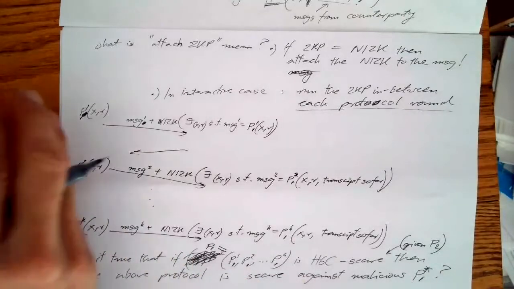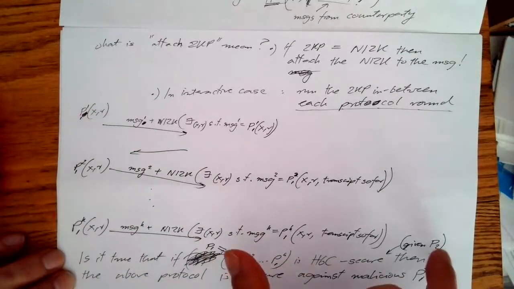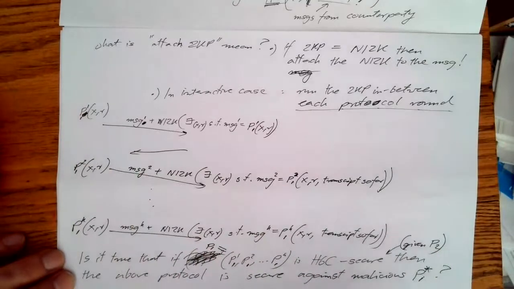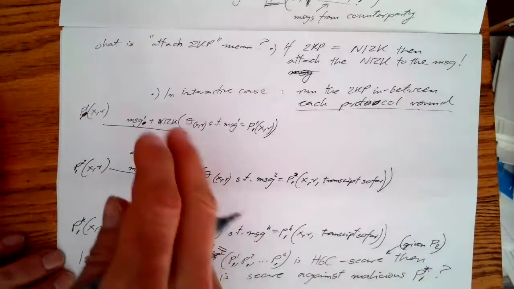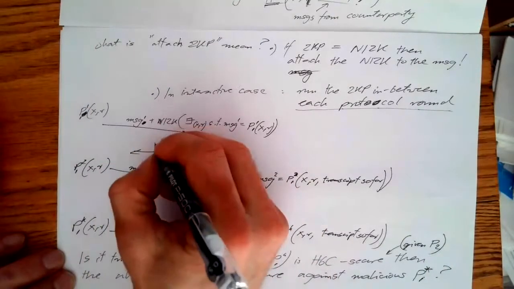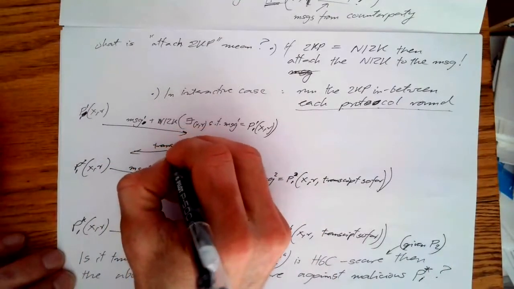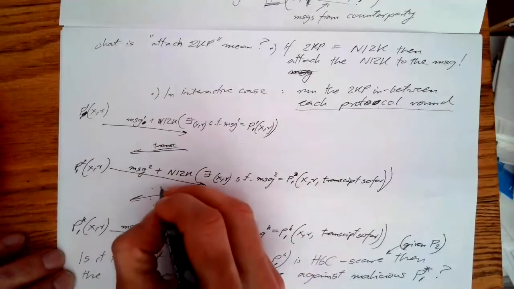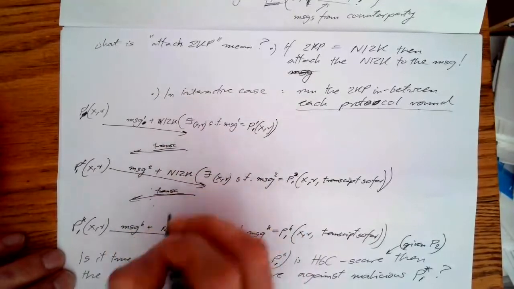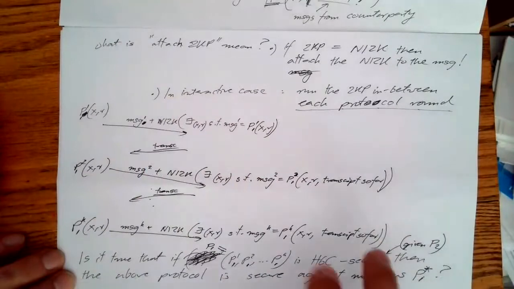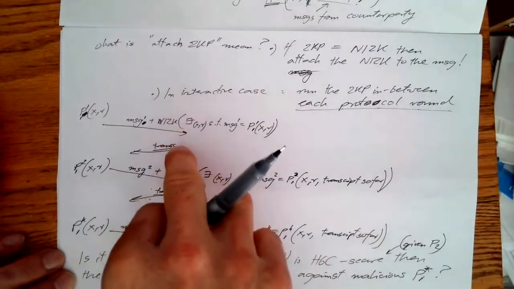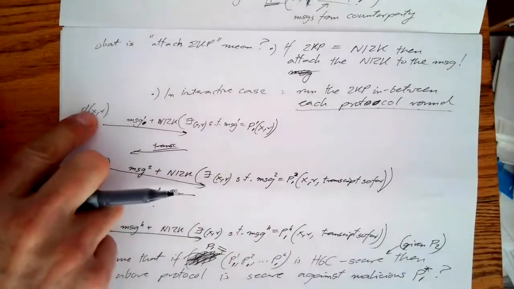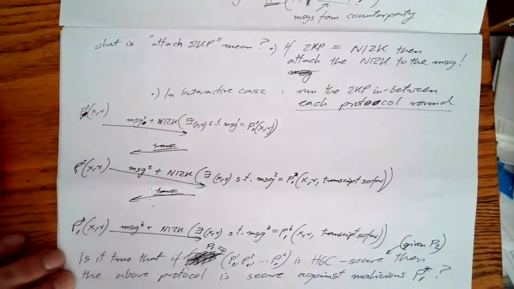We already know that if this pair is known to be HBC secure, meaning whatever P2 does, there is a simulator that shows these transcripts can all be produced from just X and the final output of the computation.